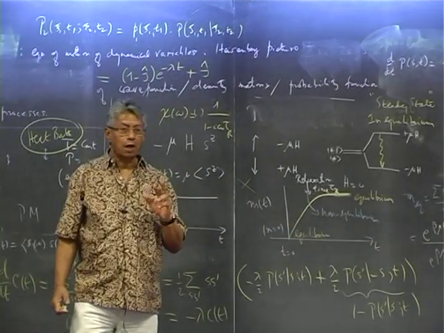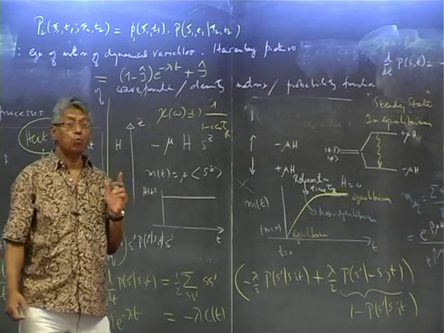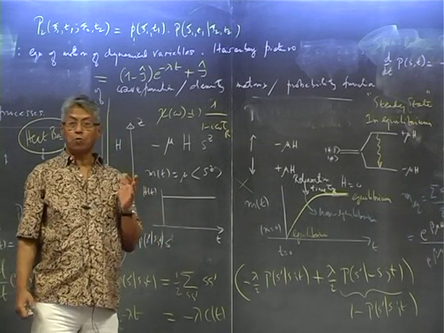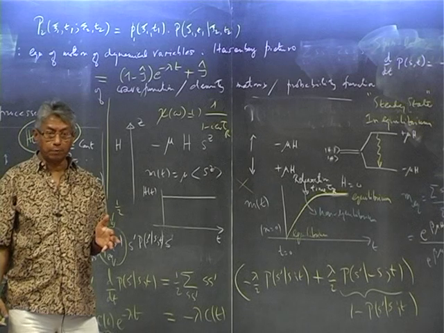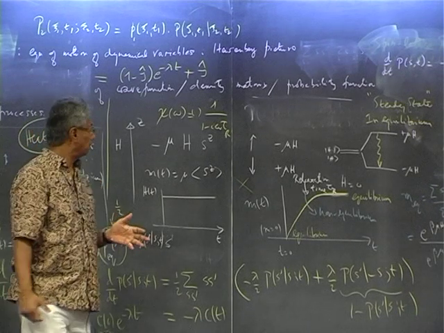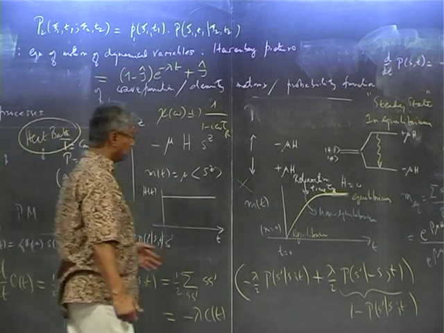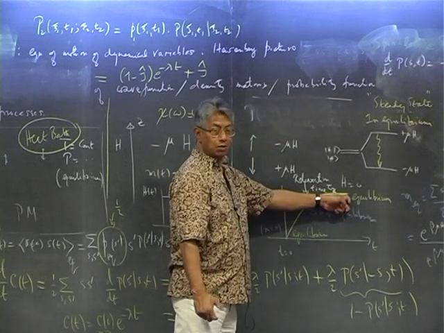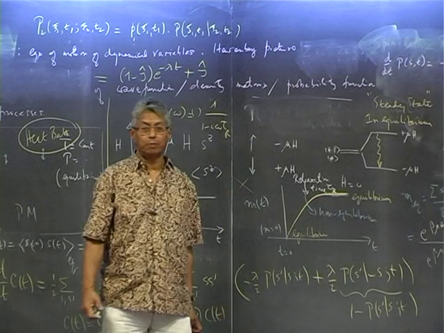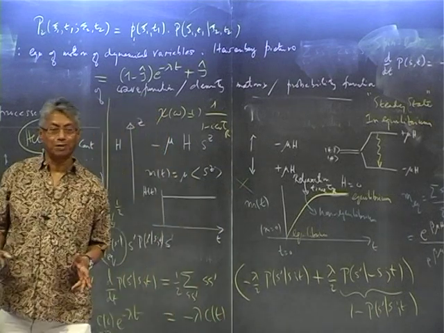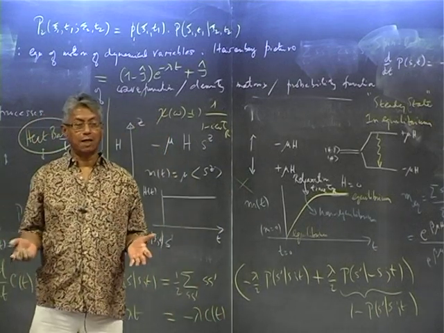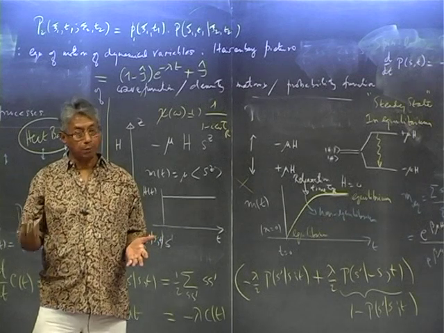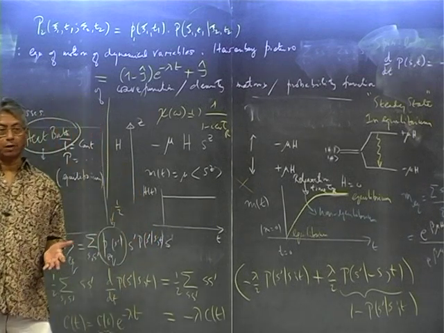So the rates are not arbitrary, if you want the system to go to thermal equilibrium. The point is the following: this is an assumption of yours, that the system does go to an equilibrium. There's enough junk in the system, enough relaxation mechanisms, by means of which the system does go to an equilibrium.